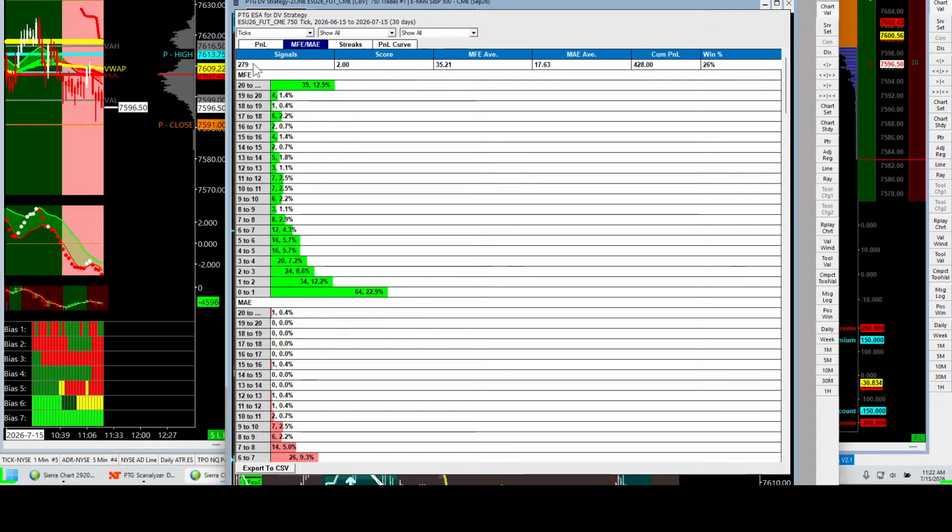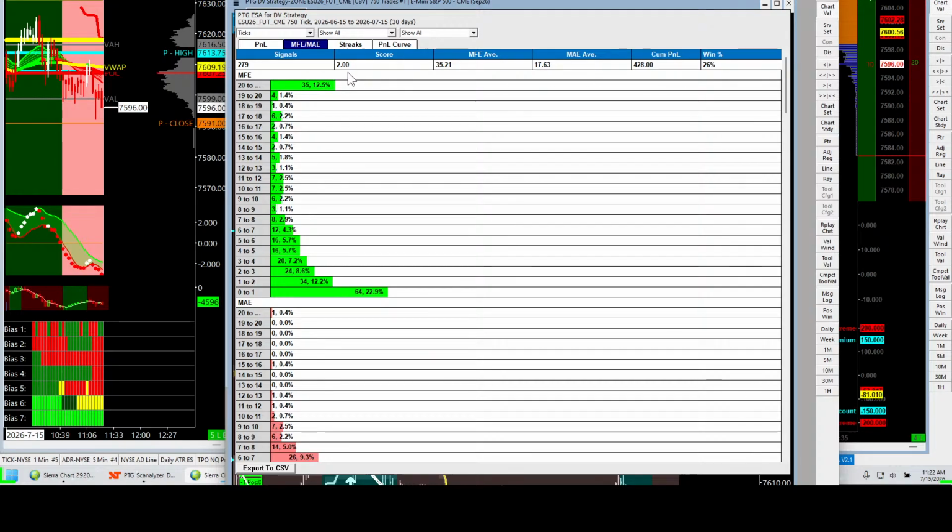Right now, this particular example has 279 occurrences, which is a fair sample size, but you certainly would like much more than that. Your maximum favorable average out of all of those is 35, and the adverse is 17.